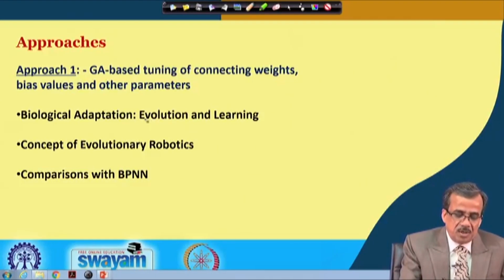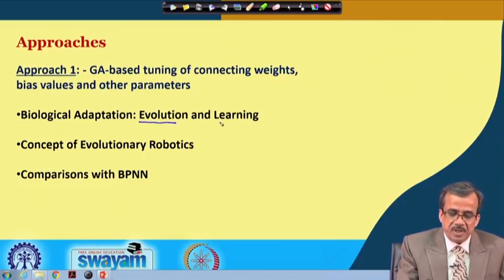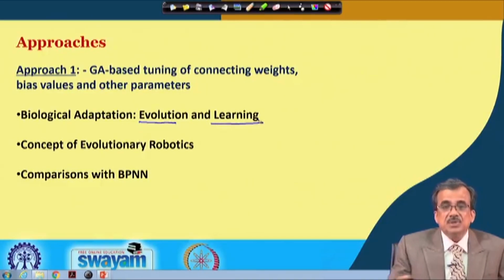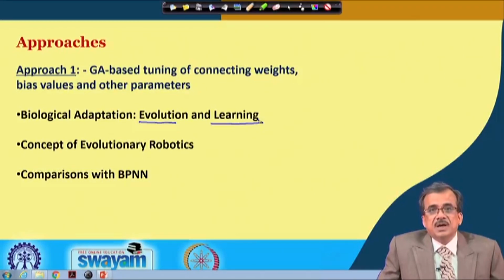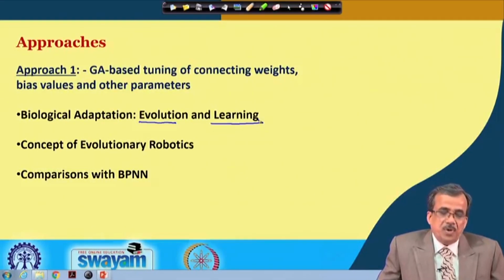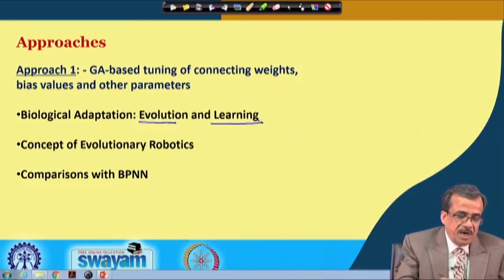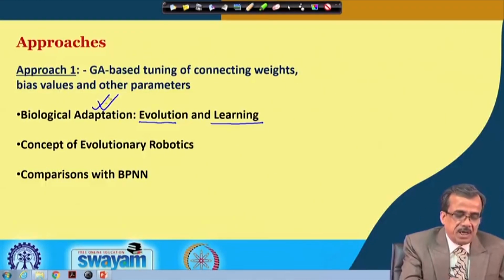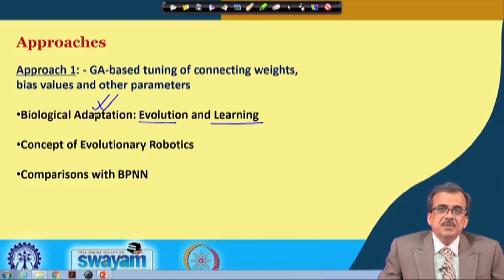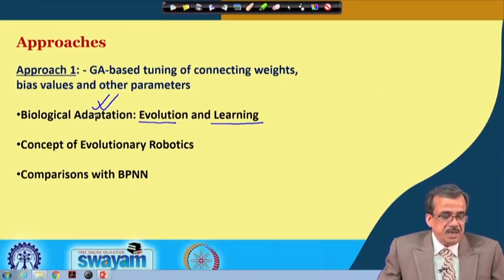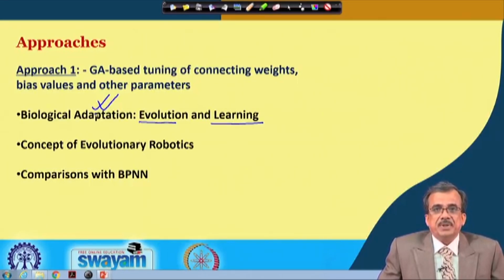One is the principle of evolution, and the other is the principle of learning. These are 2 important parameters in biological adaptation. The same thing we are going to copy here in an artificial way. Before I copy it, let us discuss what is happening in biological adaptation.